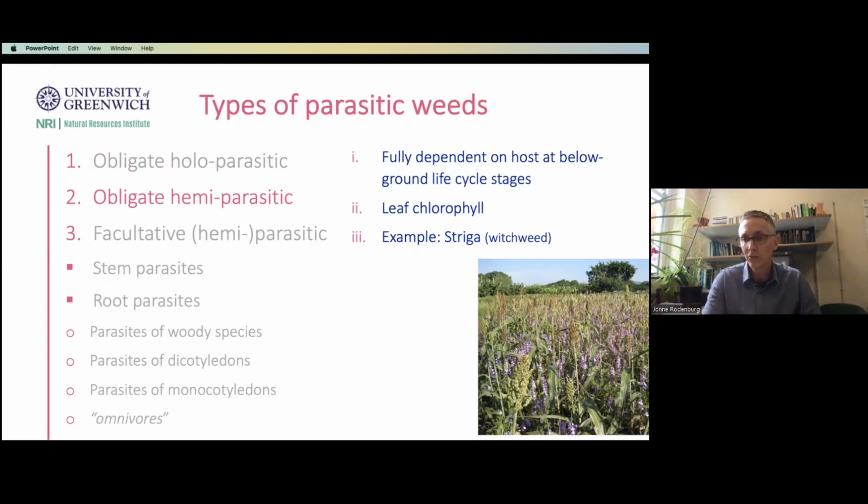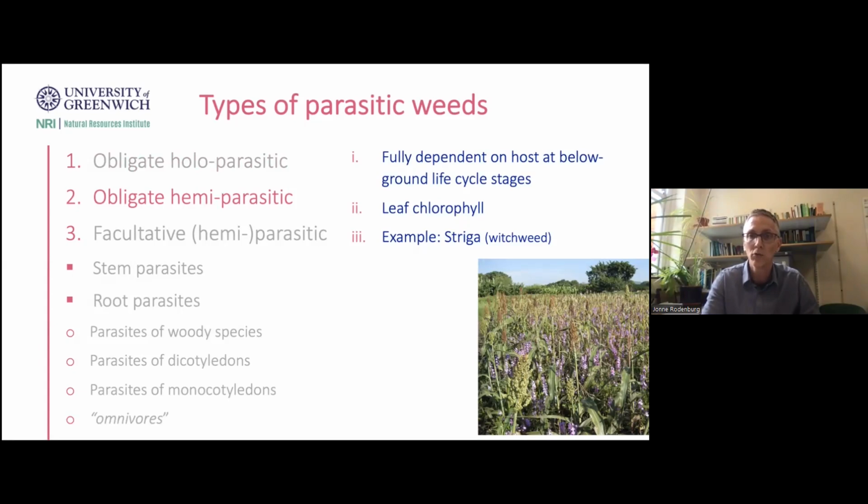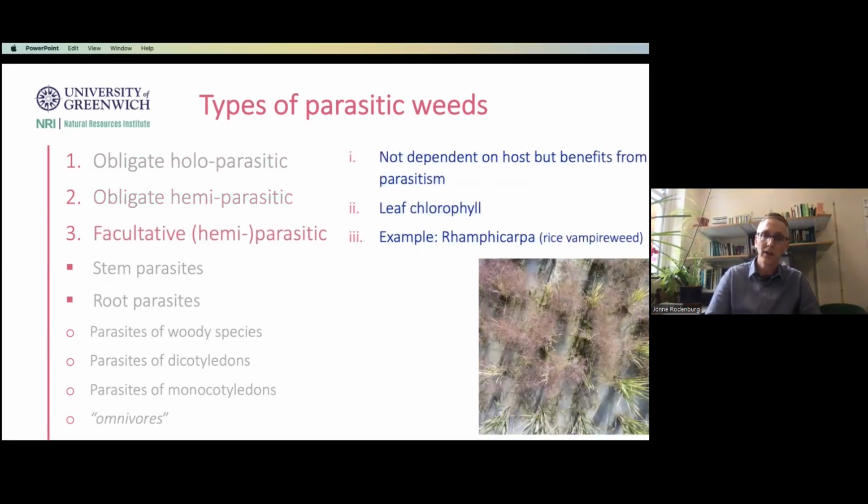And a good example of this is Striga, which is shown on this picture in a sorghum crop. And then you have facultative hemiparasitic weeds, and I put the word hemi, half, here in between parentheses, because it goes without saying that if it is facultative, it cannot be a holoparasite.